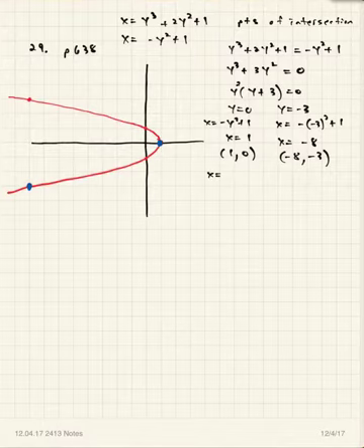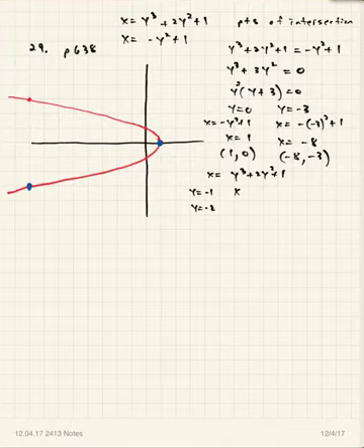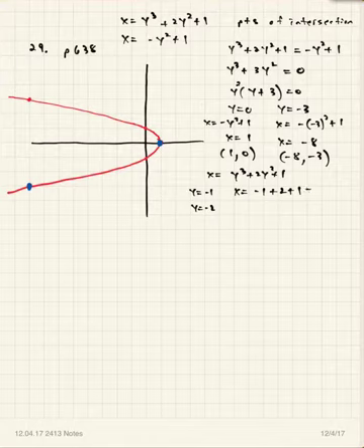So x equals y cubed plus 2y squared plus 1, and picking y equals negative 1 and y equals negative 2 makes sense here. So you have x equals negative 1 plus 2 plus 1, which is 2. And so 2, negative 1 is a point on that graph.